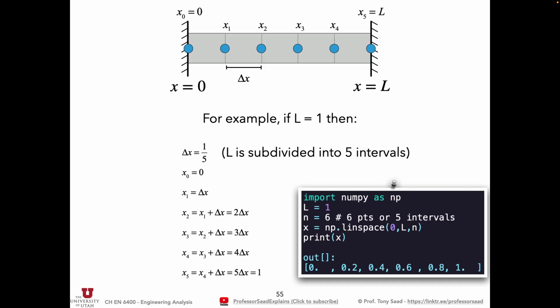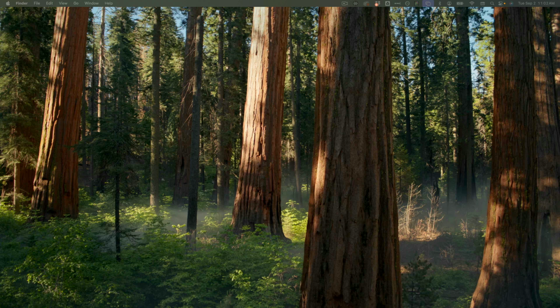Linspace is a routine in numpy that subdivides an interval into equally spaced intervals, or subdivides a length into equally spaced intervals. This is exactly what I want to do here. So let's do it together. It becomes clear. Get the Jupyter notebook up and running, please.